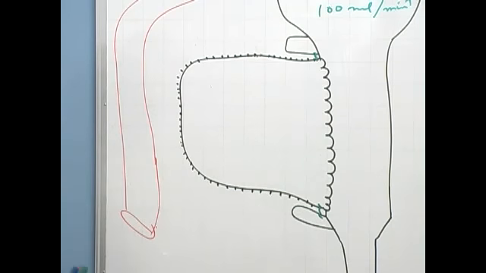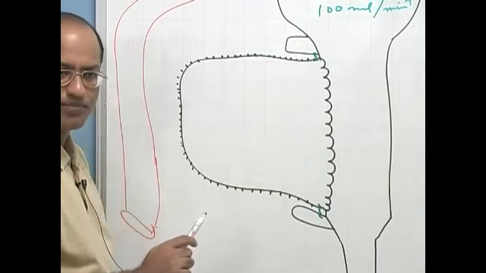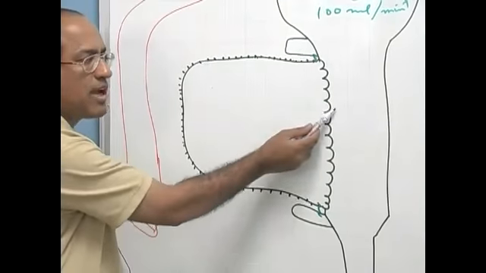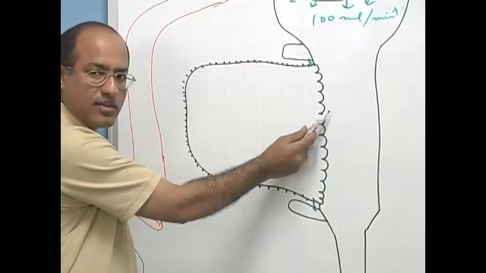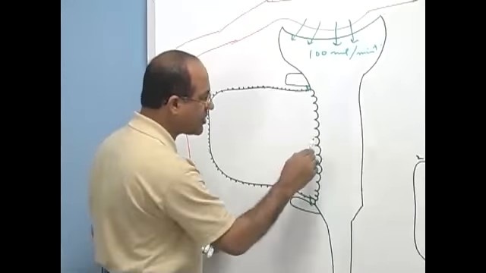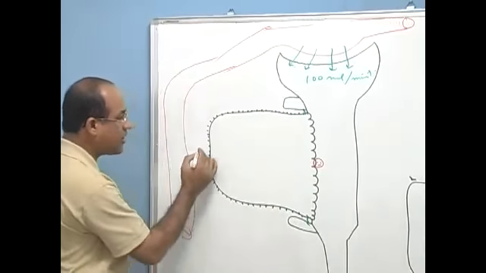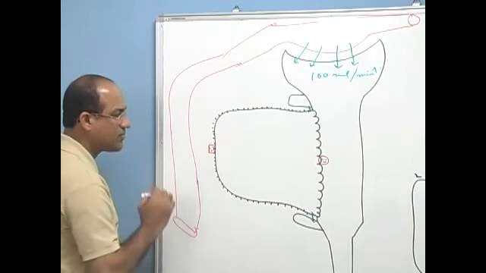Now, what really happens? There are different proteins which are present on the luminal side, which are supposed to handle the... listen carefully. There are some proteins which are present on this side, and there are other proteins which are present on this side.